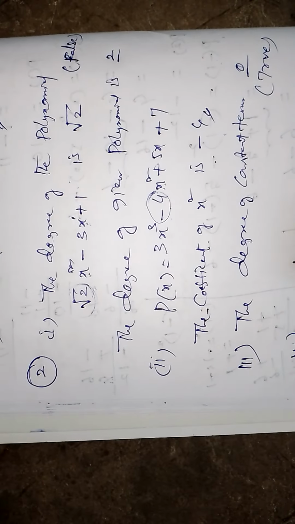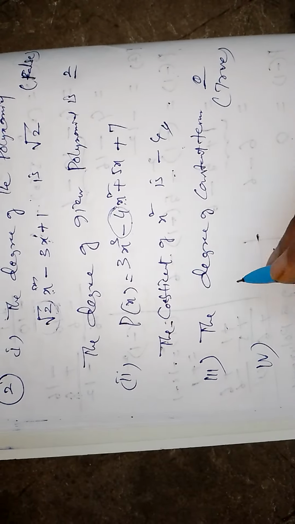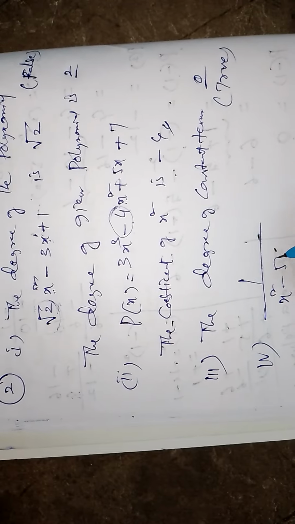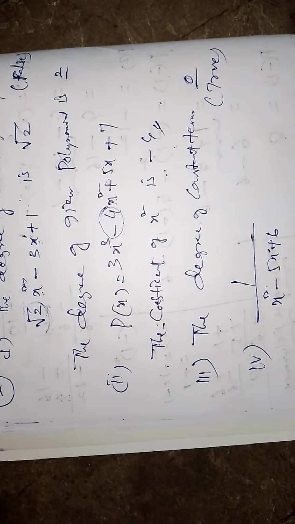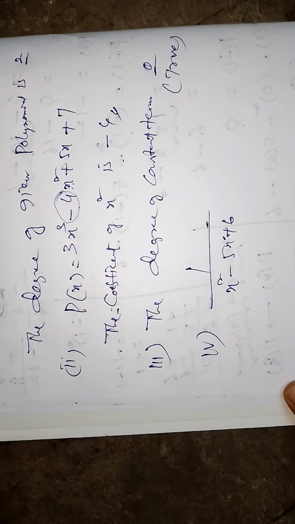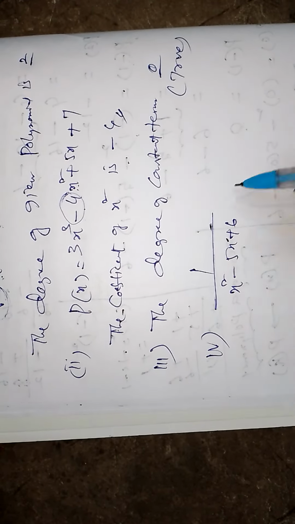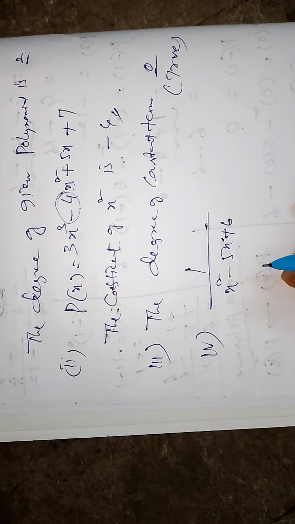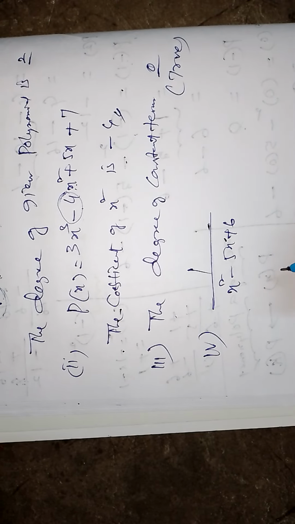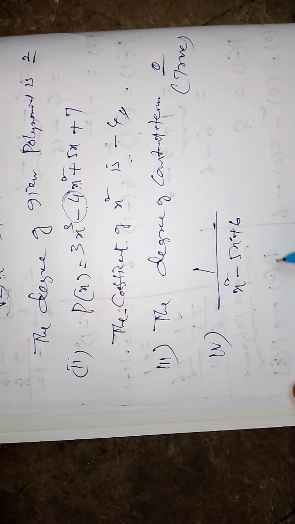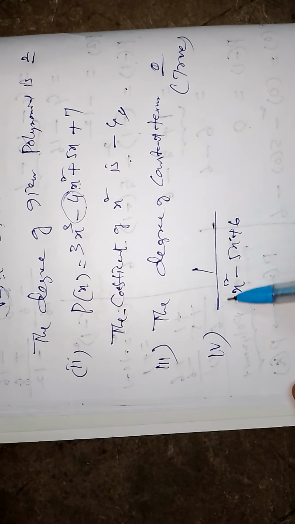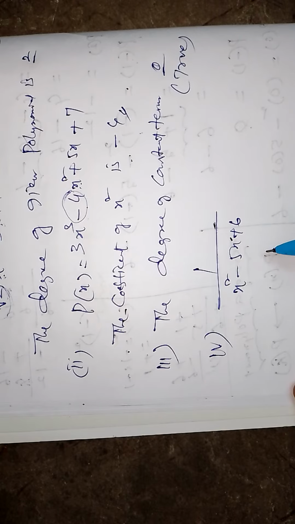Next, the fourth one is: 1 by x square minus 5x plus 6 is a quadratic polynomial. It is not a polynomial. Why? Because, as I already told you, it is a multinomial. A multinomial never becomes a polynomial. Why is it not a polynomial? Because the whole expression is in the denominator position.